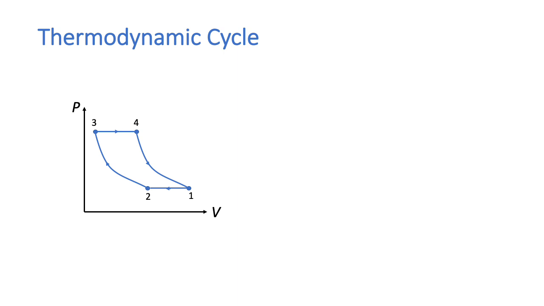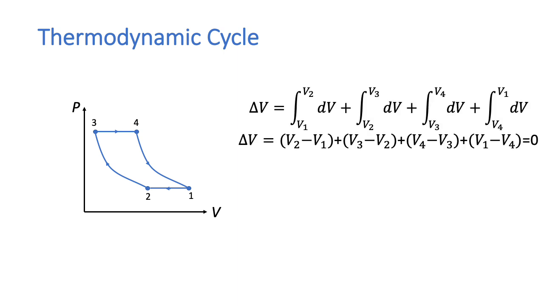And finally, we could expand the system from 4 to 1. If we want to find out delta V, we can integrate dV for each one of these processes from 1 to 2, from 2 to 3, 3 to 4, and then back from 4 to 1. And if we evaluate that, delta V is equal to 0.